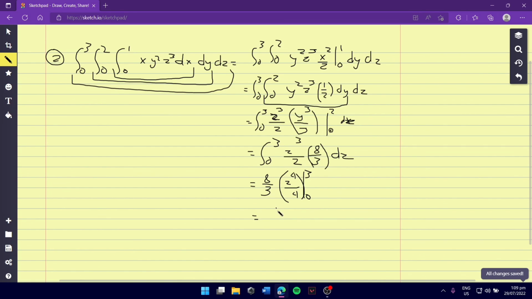So this will become 1/3 times 3 to the fourth over 4. Multiplying that, we have 81 over 3, which is 27. So this is your answer for number 2.